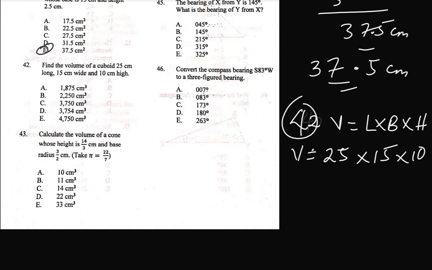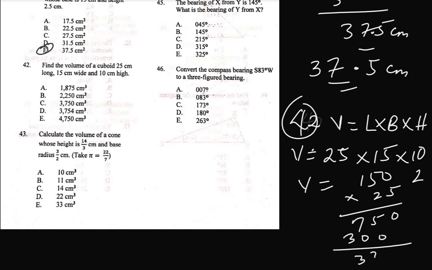That's all. So the volume will be 15 times 10, 150, times 25, 3750. So let's look at the options. 3750 centimeters cube.